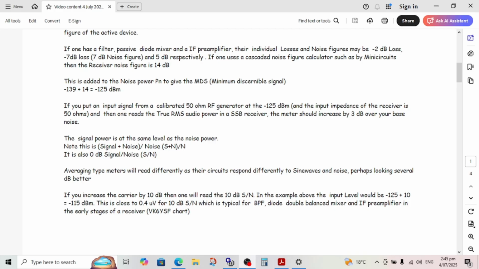If you add 10 dB to the minus 125 dBm input level, a 10 dB signal to noise level should be measured on the output. This is typically 0.4 microvolts for 10 dB signal to noise, and is typical for receivers that have a bandpass filter, diode, double balance mixer, IF preamplifier front end.